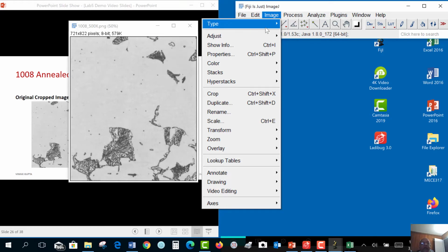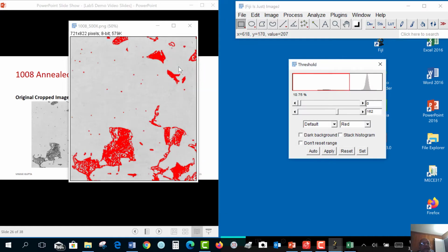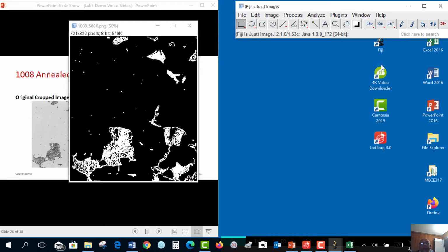And then we are going to adjust the threshold. And you can see automatically it does a very good job of doing a threshold. So we are going to apply, close this window. So now we have converted this to binary.